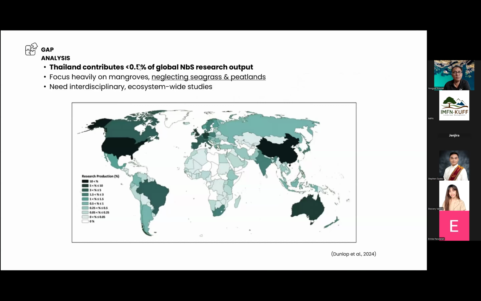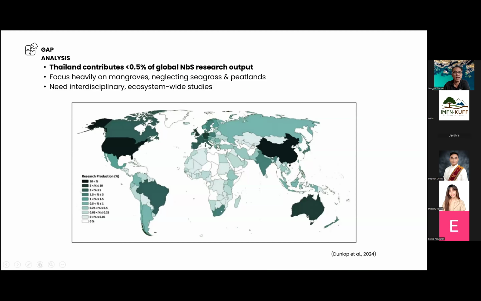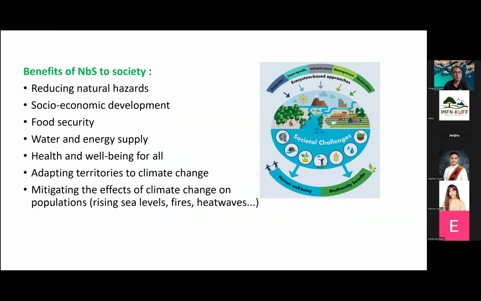And for Thailand, the government contributes less than 0.5% of the global nature-based solution funding, which amounts to 200 billion US dollars.